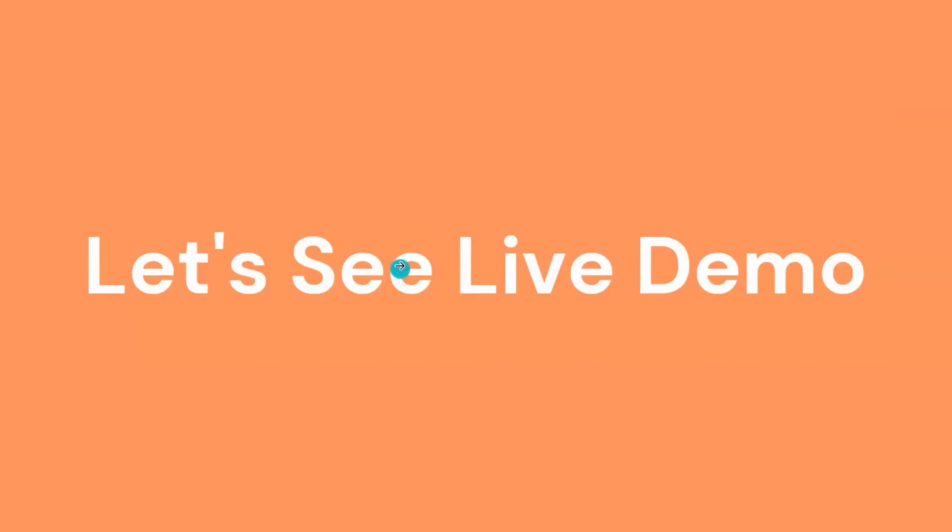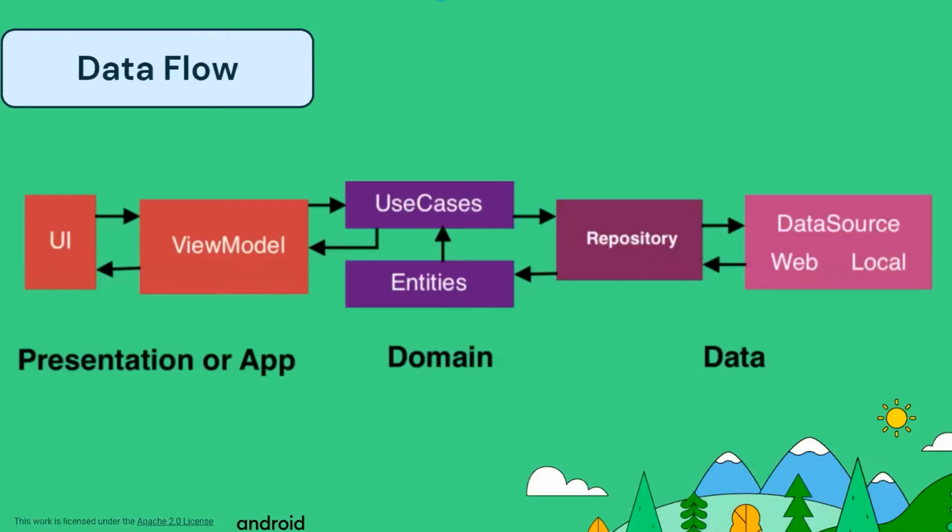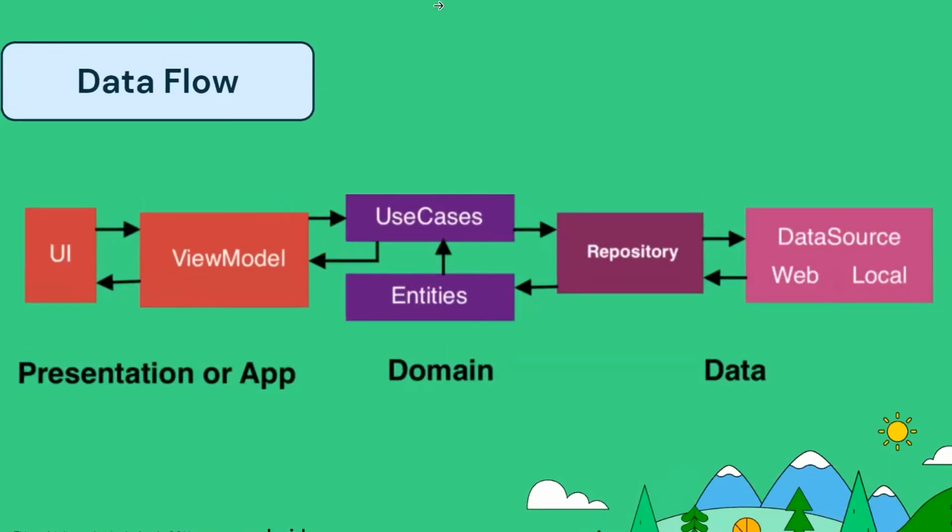Yes, that was a beautiful explanation. Thank you, Rohit. Now, all questions are welcome about clean architecture. Anything that you have in mind, you can just spit it out. Okay, so most of the people have understood it.